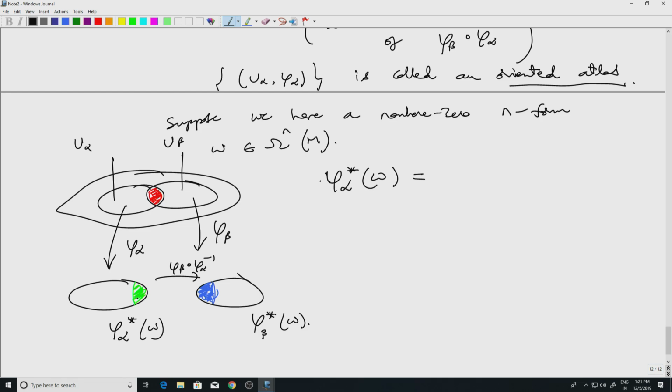We know that the space of n-forms is one dimensional for a vector space. So if I take any point, this form will be a scalar multiple of the standard form dx1 wedge dxn. But as usual, the scalar multiple will change from point to point. So I can write it as a function times dx1 dxn. So this f is a function in C infinity of this green part.